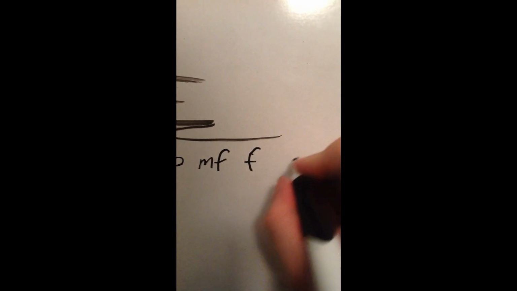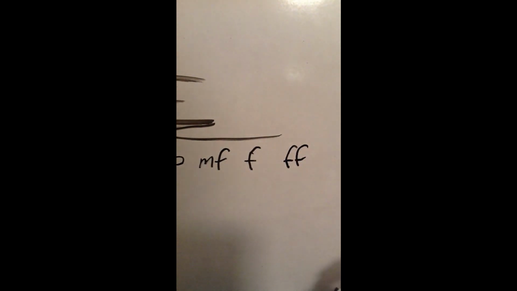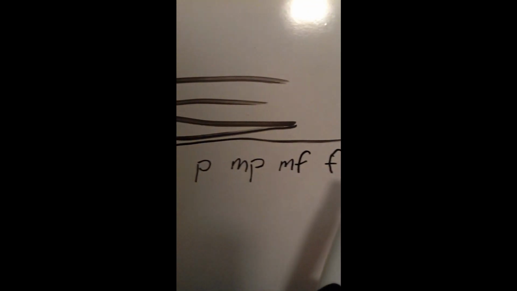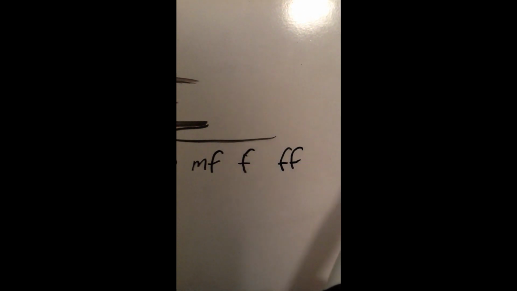Now back to the forte. After forte we have double F, fortissimo. Okay? Now, these are the most common ones, pianissimo to fortissimo.